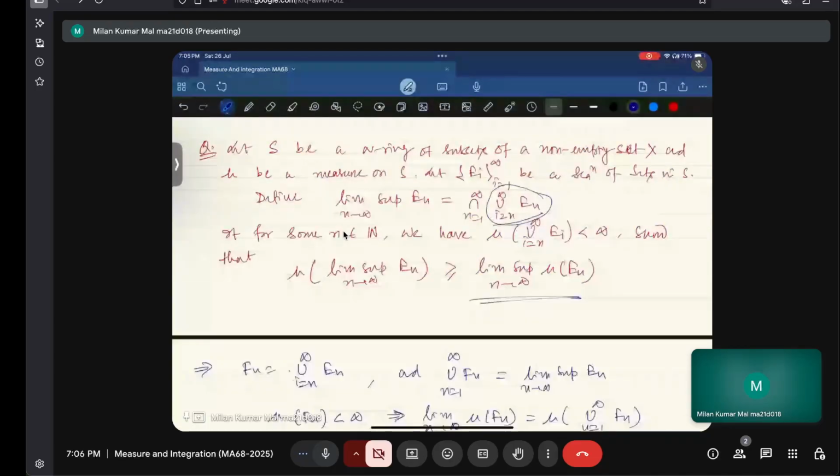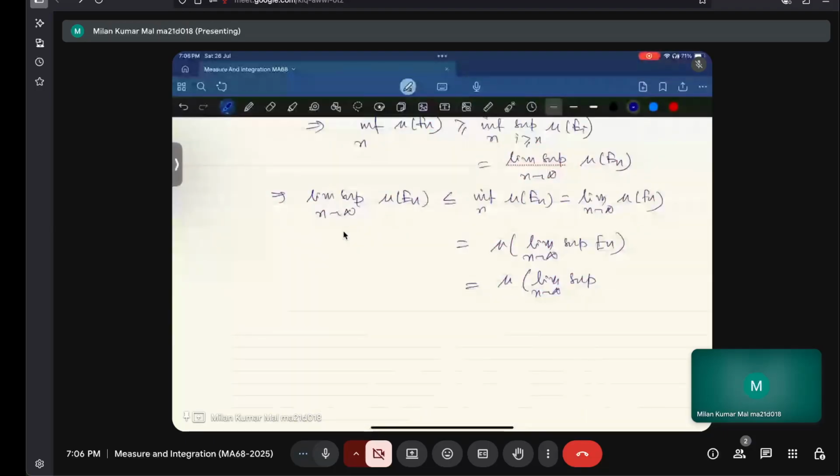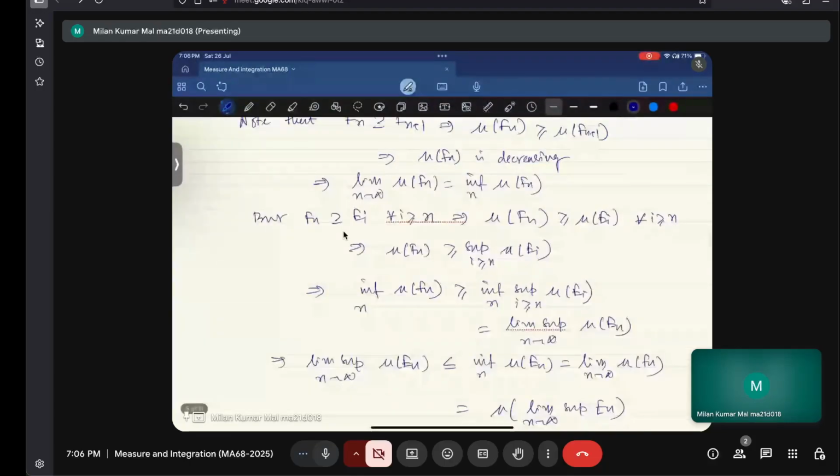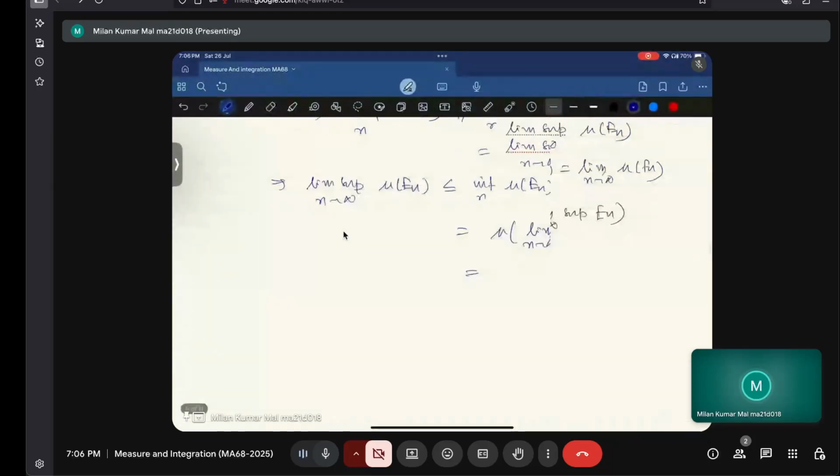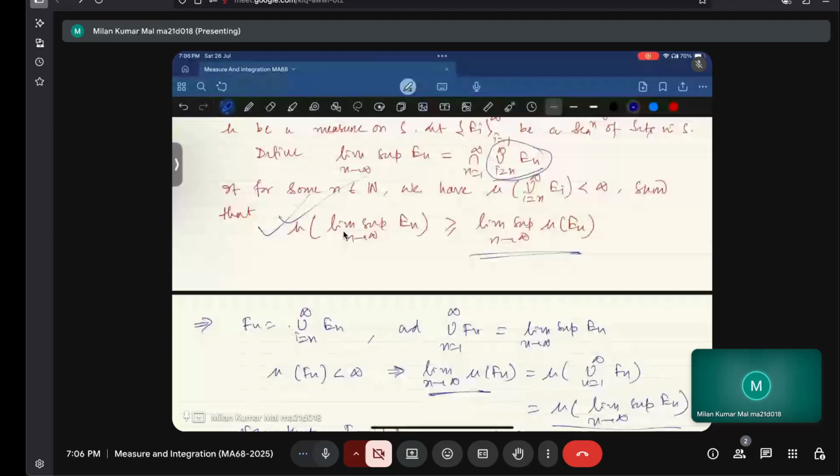This is En. Sorry, one minute. The limit as n tends to infinity of mu of Fn, and the limit supremum. This means what we are looking for. So this is done, I think.